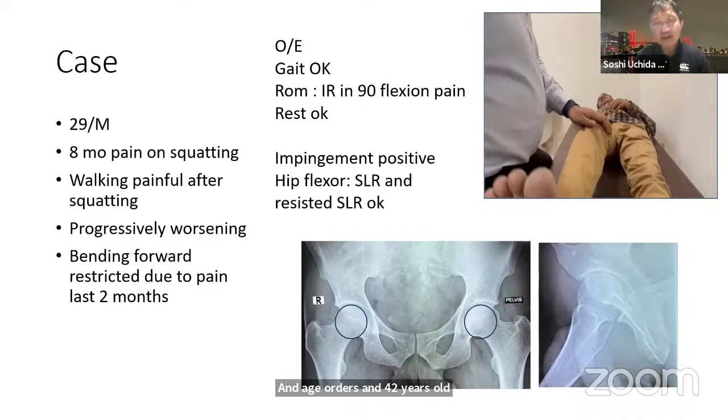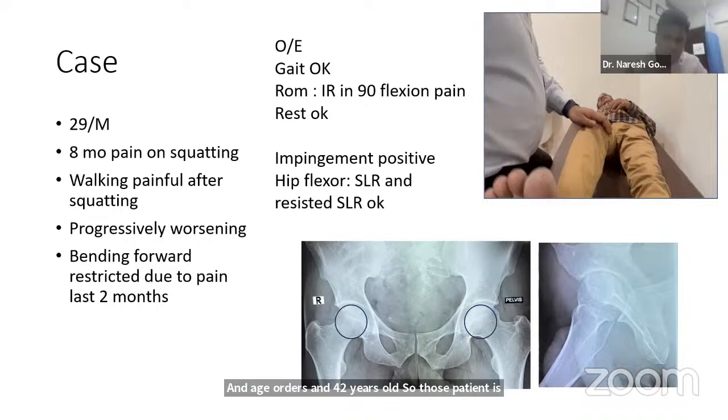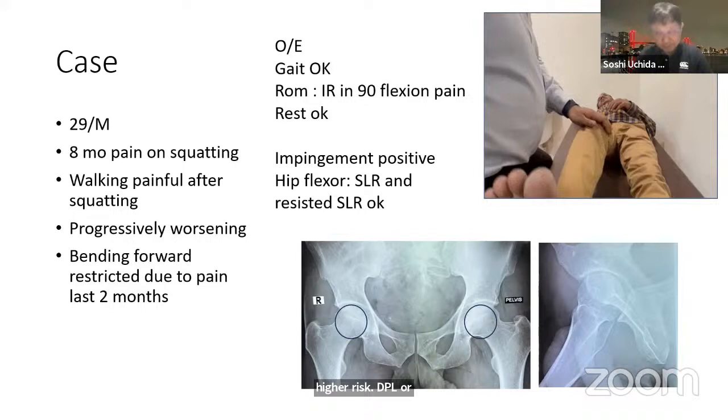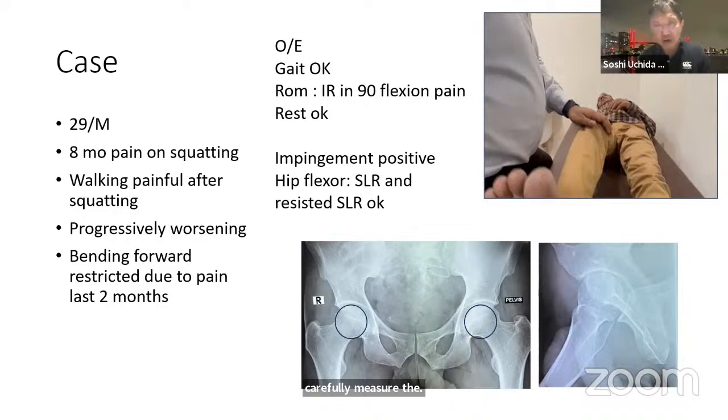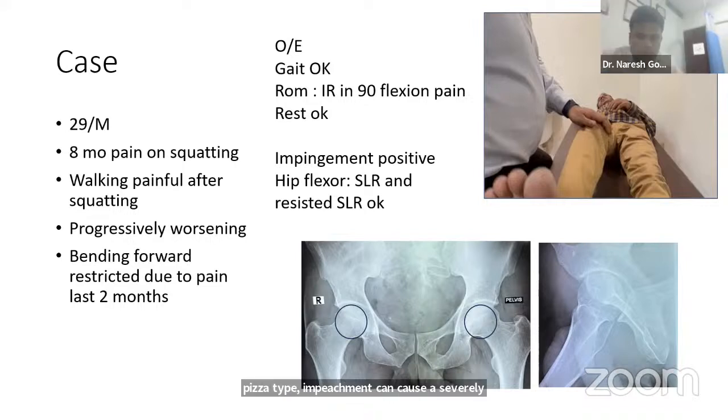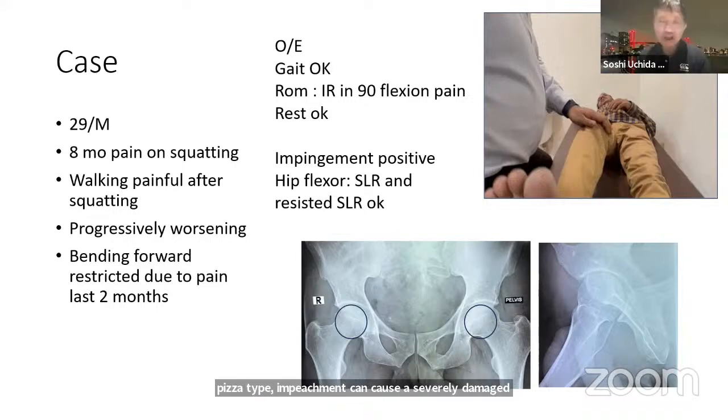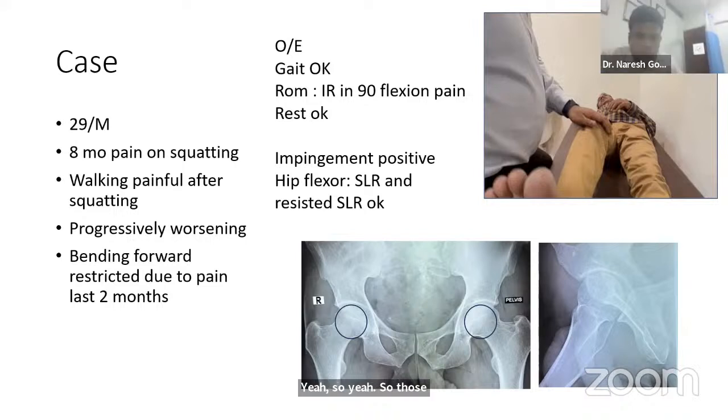Those patients are at higher risk of an unrepairable, unsalvageable labrum. So I strongly recommend we carefully measure the lateral center edge angle and also the VCA angle, and then pincer type impingement can cause severe damage to the labrum. So in those cases we usually perform labrum reconstruction.